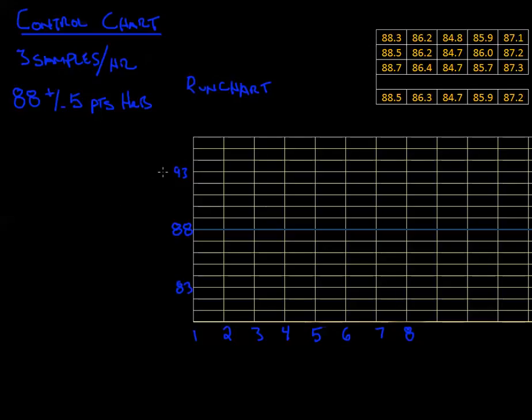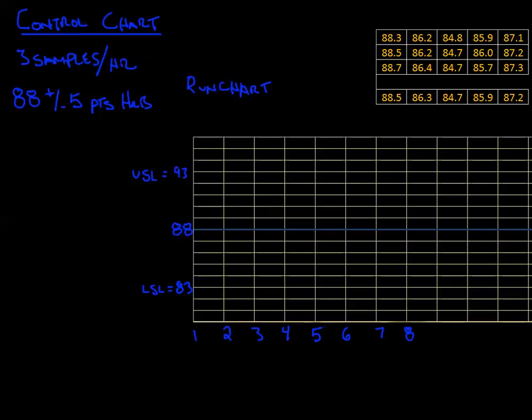Now this 93 would be called the upper specification limit, and the 83 is the lower specification limit. USL, LSL, those are very common abbreviations used throughout industry. So these represent our specification limits.